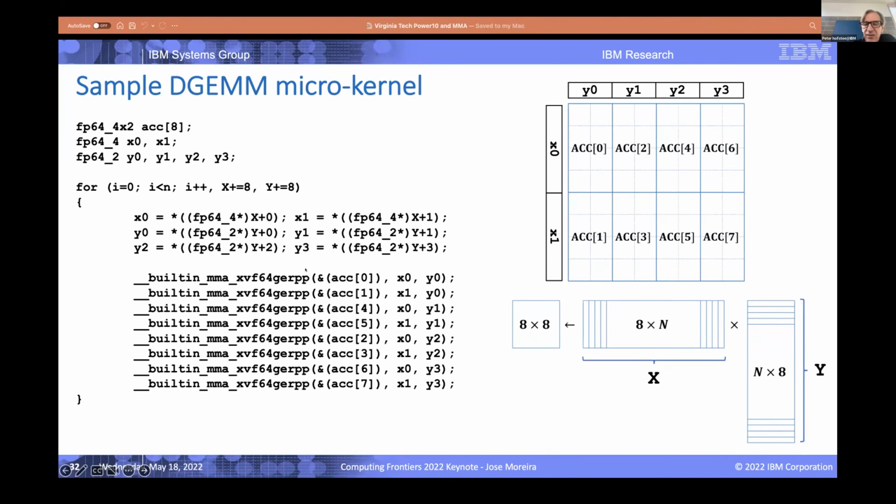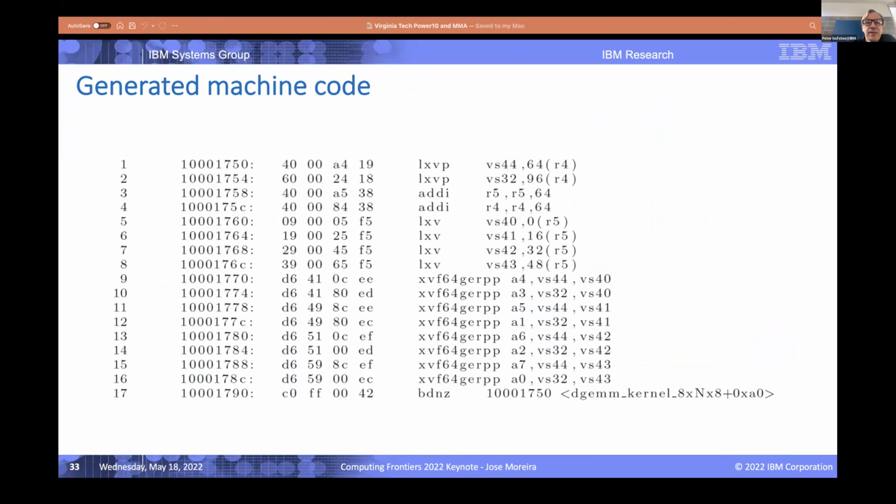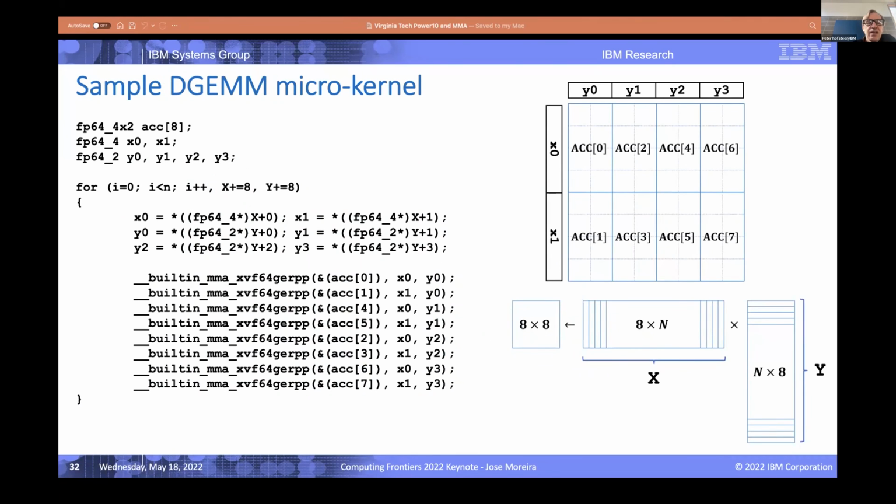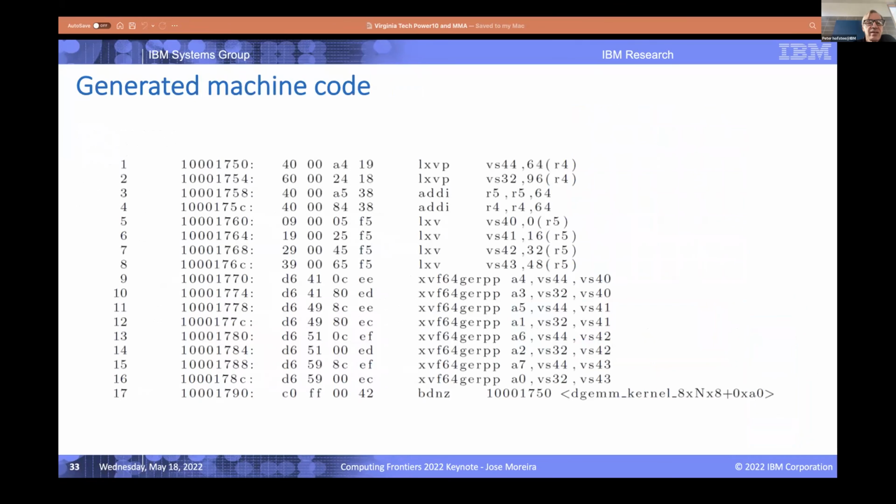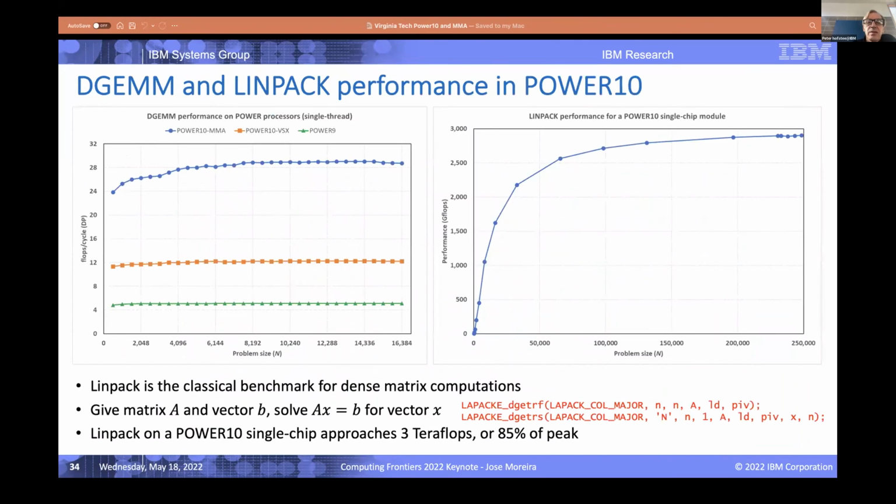But the principle is really the same, and this is what it looks like in code with the built-ins, and this is what comes out of the assembler. And indeed, when we look at the performance going from Power 9 to Power 10, if we just use the SIMD capability, we double our performance.